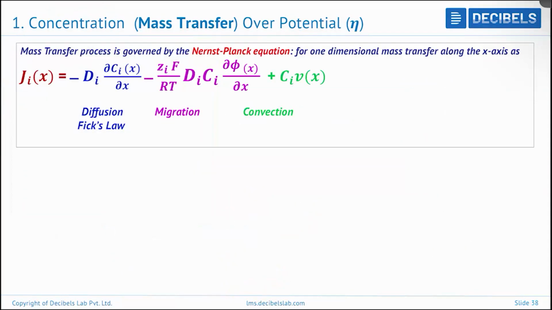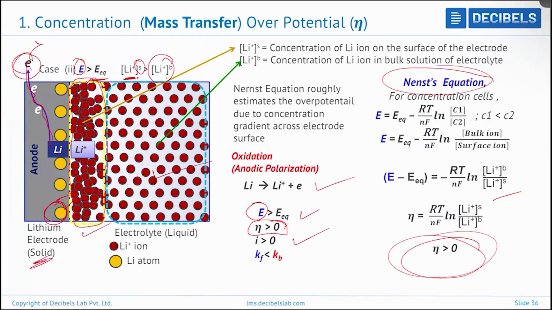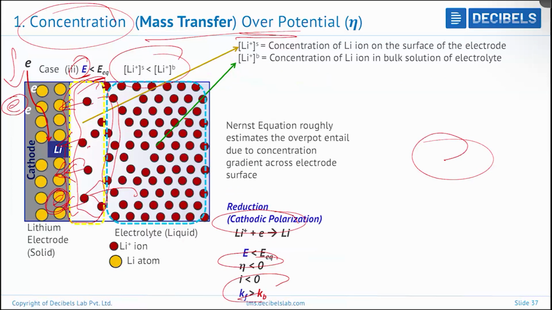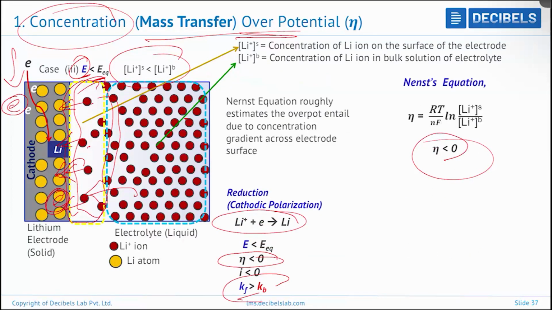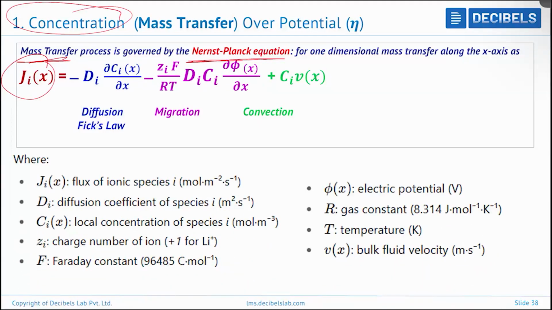So for all three cases, equilibrium, negative and positive overpotential, the overpotential is governed by the equation called the Nernst-Planck equation. The mass transfer process, due to the concentration difference in the electrolyte, is equal to the flux of the ionic species.